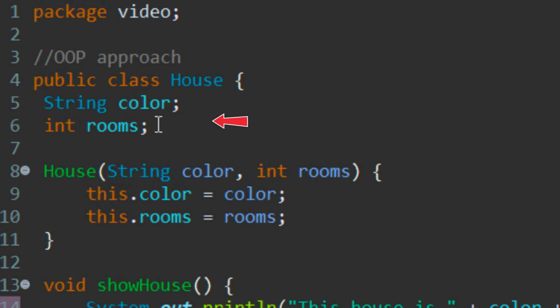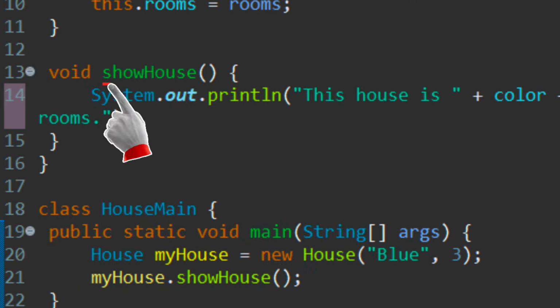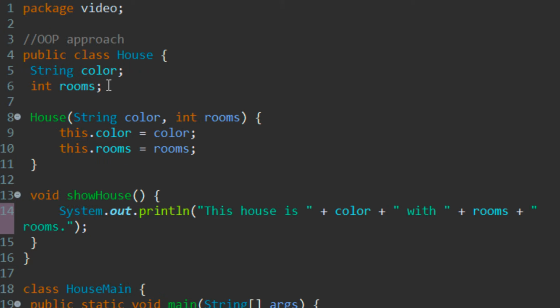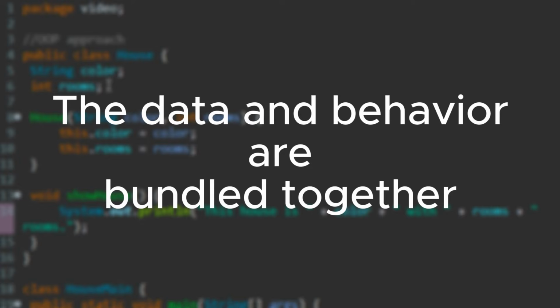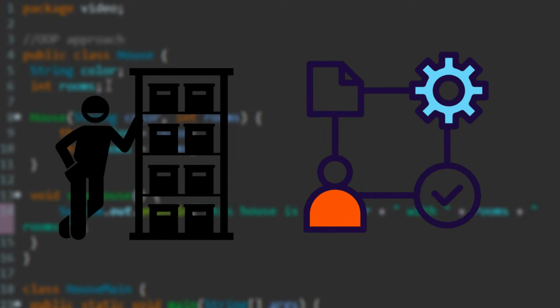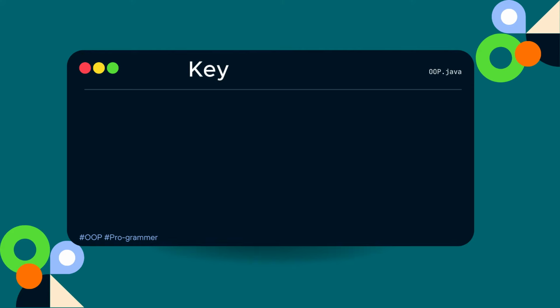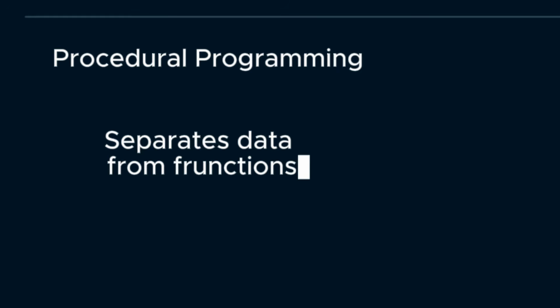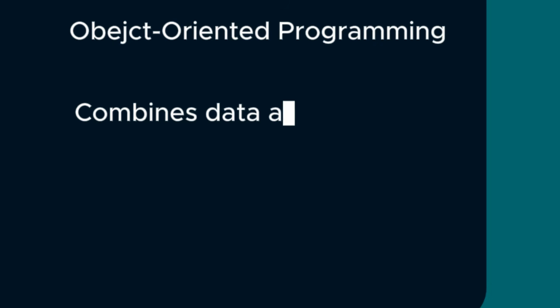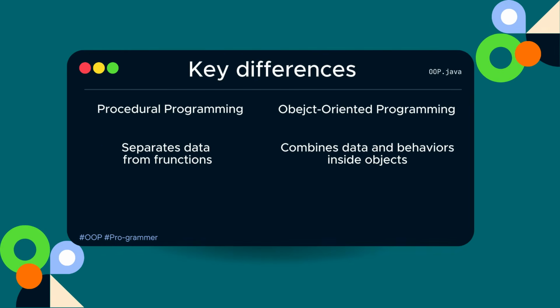The color and rooms become properties of the class, and the method showHouse belongs to the object itself. This way, the data and the behavior are bundled together, making the code more organized and easier to manage. So, the key difference is that procedural programming separates data from functions, but OOP combines them inside objects.